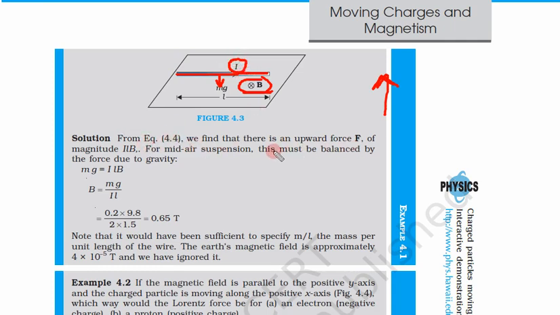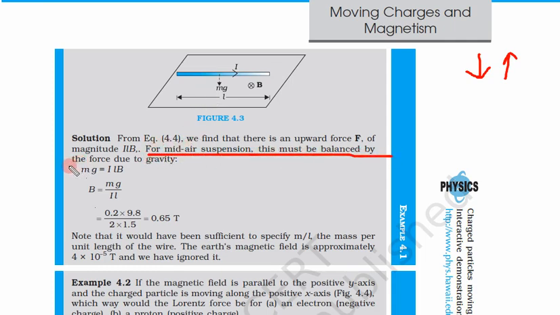So we know that there is an upward force F of magnitude ILB for the mid-air suspension. Its weight must pull it down, but there is a force that is lifting it up, and for mid-air suspension this must be balanced by the force due to gravity. These two forces must be balanced. Previously we saw the force was I L cross B, but here I is the current, L is in this direction, and the magnetic field is in the horizontal direction.